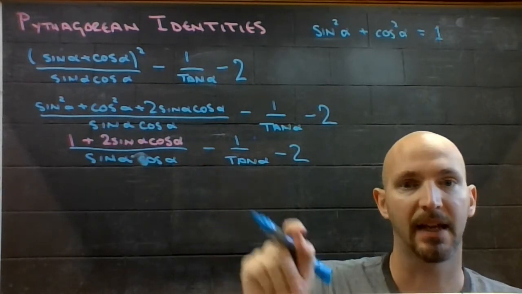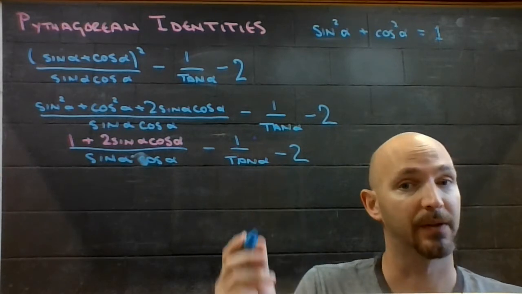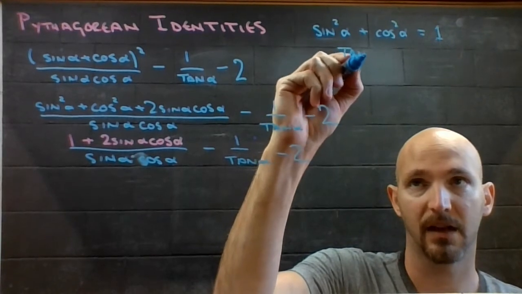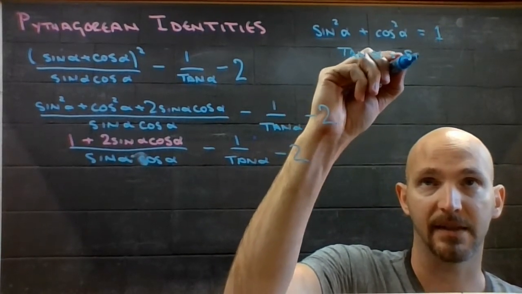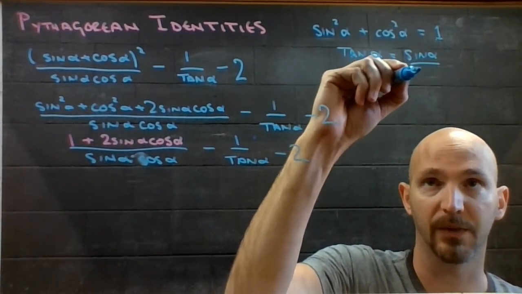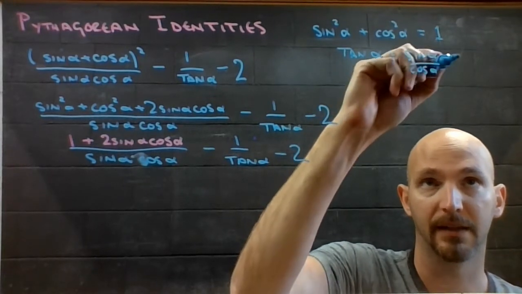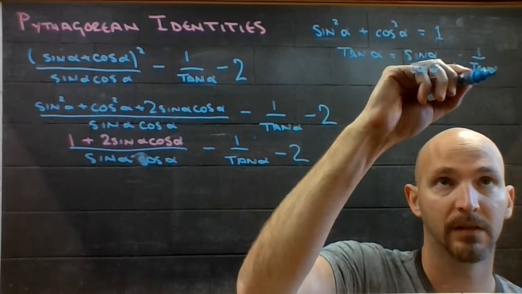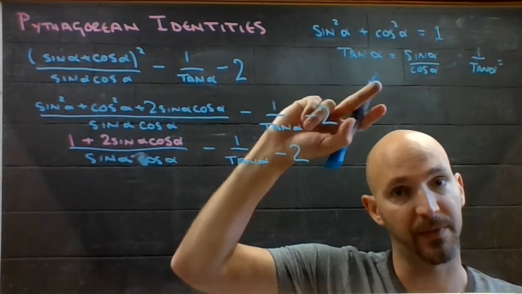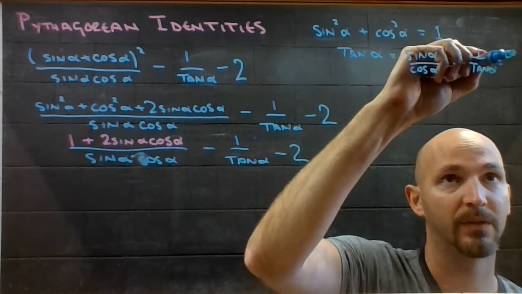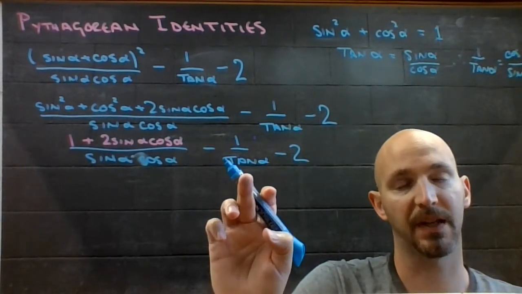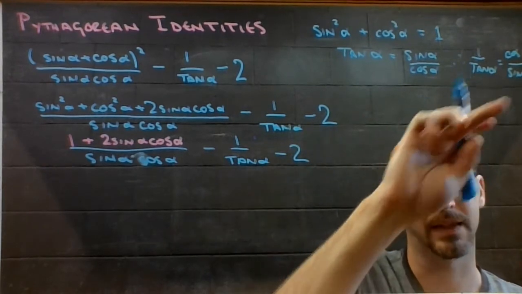If I see a tan in my expression, I'm going to use the other identity, which was tan of a thing is the same as sine of a thing over cos of a thing. And therefore, 1 over tan, you just flip this fraction, it would be cos of that thing over sine. So I have a 1 over tan here, so I'm going to replace it with this.